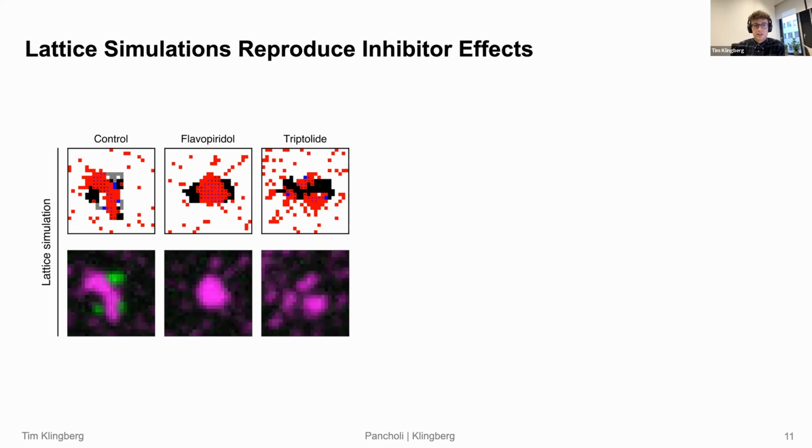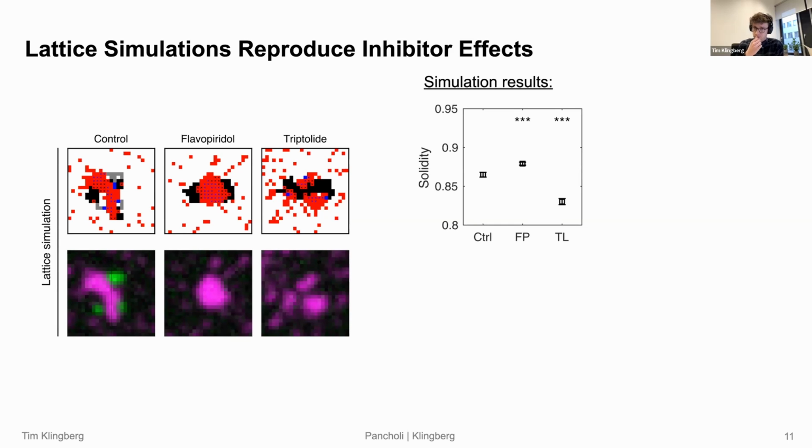Okay, so then these occurring clusters, which you can see in the exemplary images, we then also wanted to quantify again. And the first measure we used was the solidity of each cluster. So we can see that for flavopiridol, overall the solidity increased, whereas for triptolide, the solidity of the emerging clusters decreased.